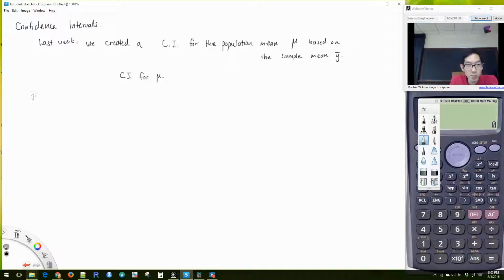Okay, and the big idea for confidence intervals is that we do not know the value of mu, which is our population parameter. Okay, and the population is too big to observe directly.